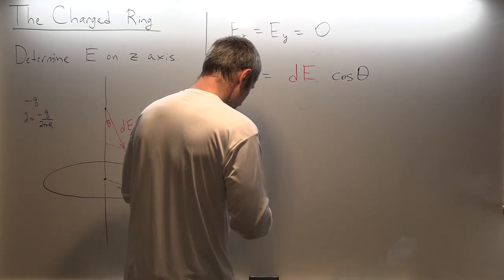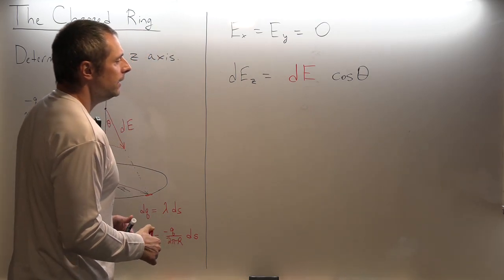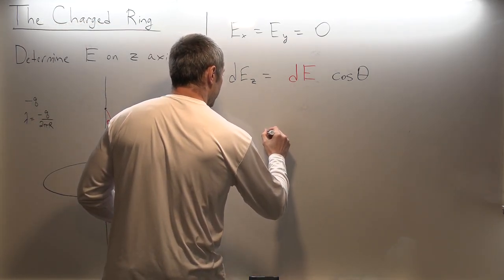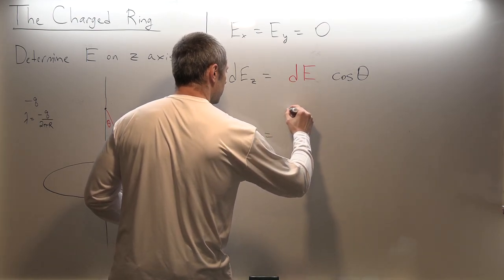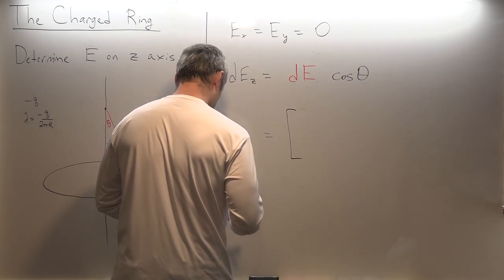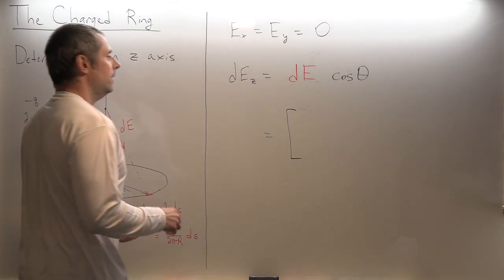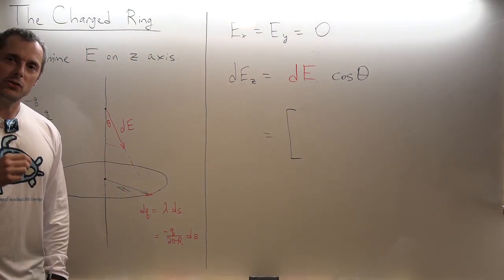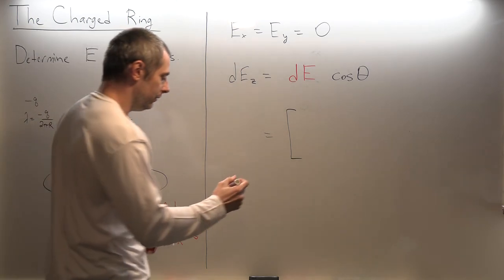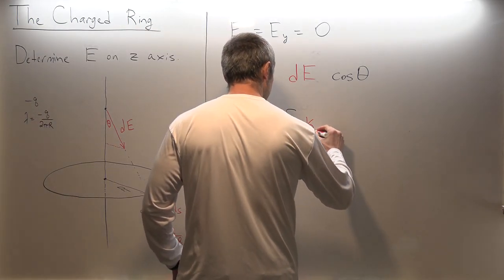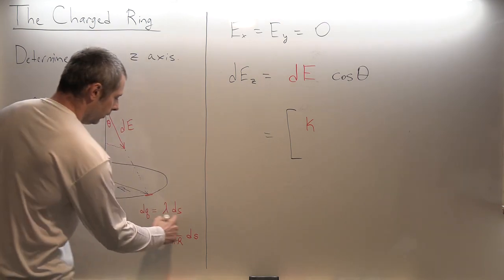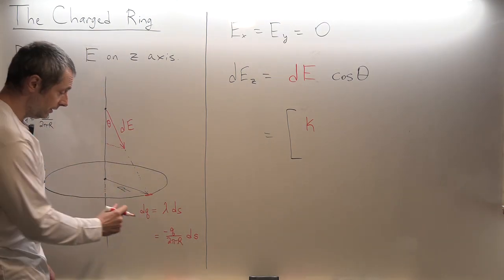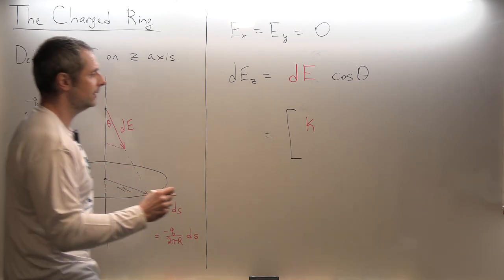Okay? Now what I'm going to do is expand that. So I will say the dE is, like in the last video, kq over r squared. So k, the q is all of this, the charge that's inside that little speck of the ring.